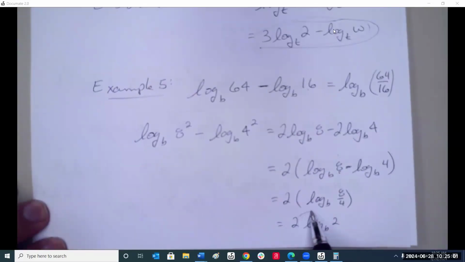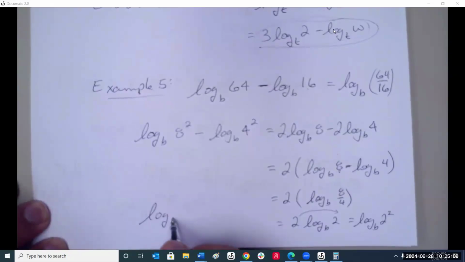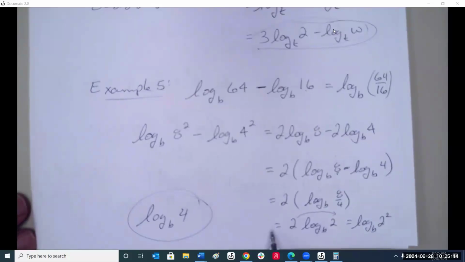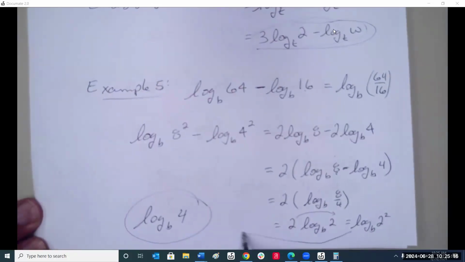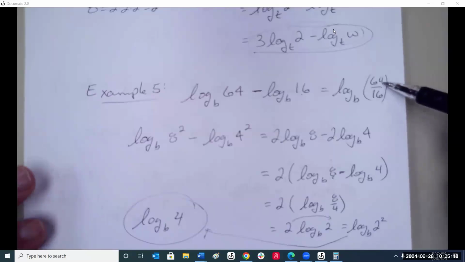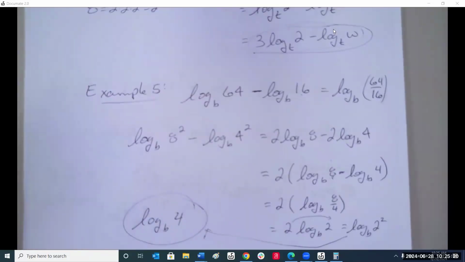Since this is a coefficient, it goes up on the top. So this becomes log base b of 2 squared, or log base b of 4. Which is what this one would give. 64 divided by 16 is 4.